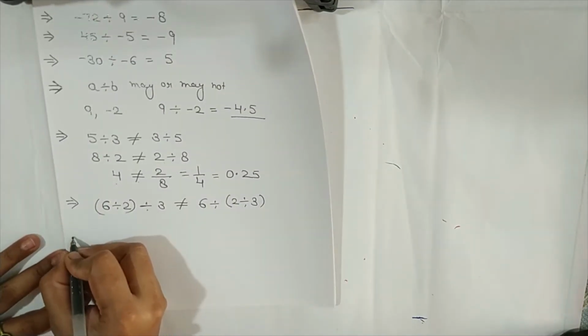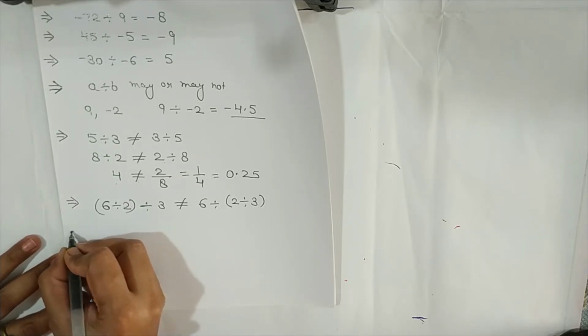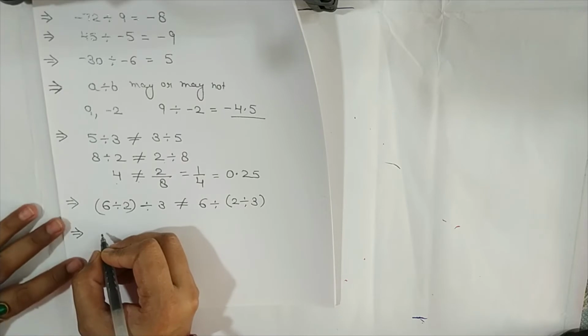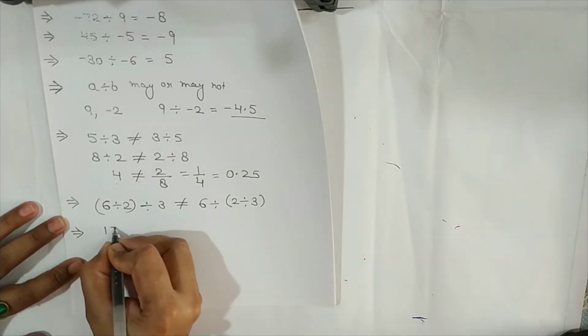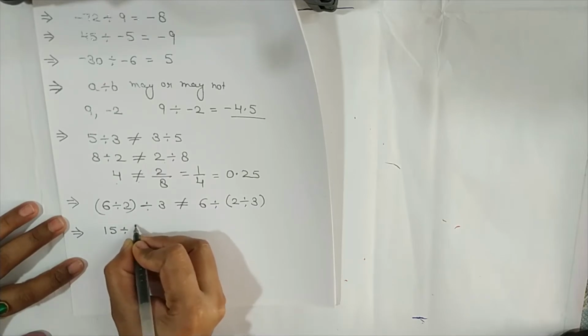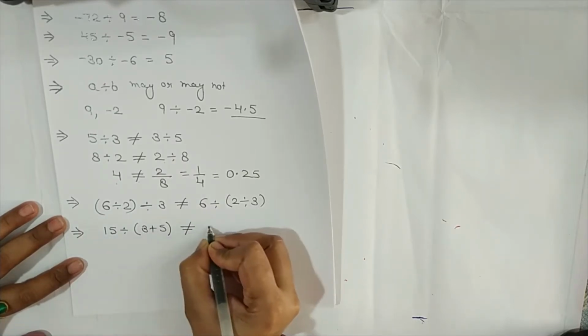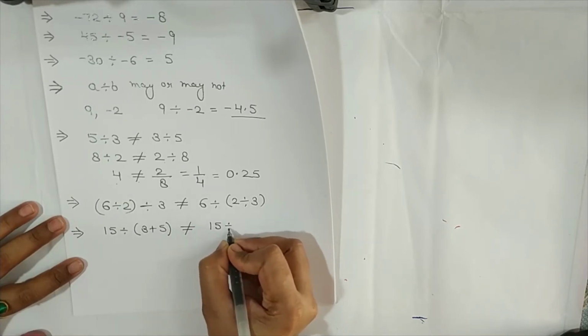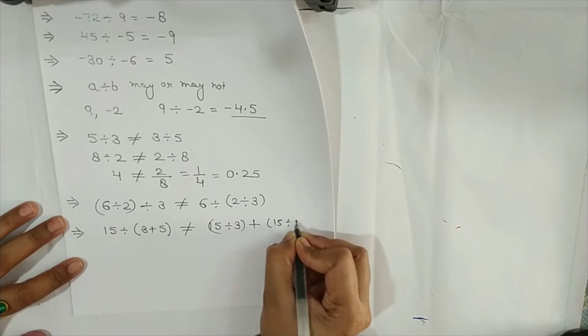Then move on to the distributive law over addition. It is not possible. Suppose I write 15 divided by 3 plus 5 is not equal to 15 divided by 3 plus 15 divided by 5.